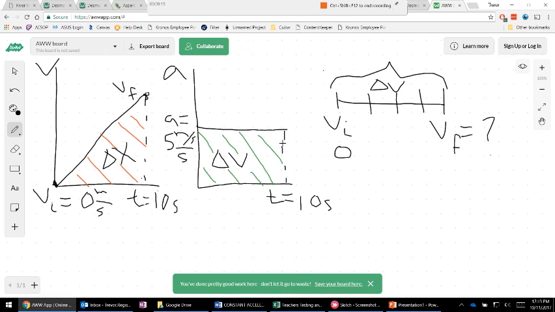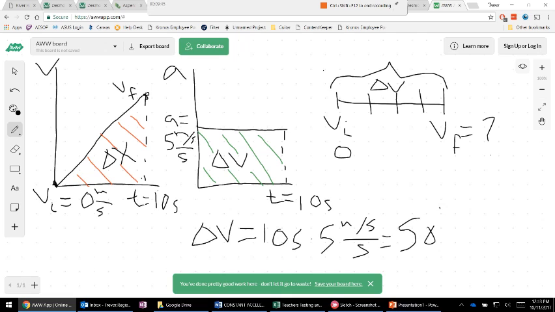which happens to be a rectangle. So I know that the area here is going to be delta V, and since it's a rectangle, I do length times width. The length here is going to be my time, which is 10 seconds, and the height is going to be the acceleration, so that's 5. When I do that, I get 50 meters per second.